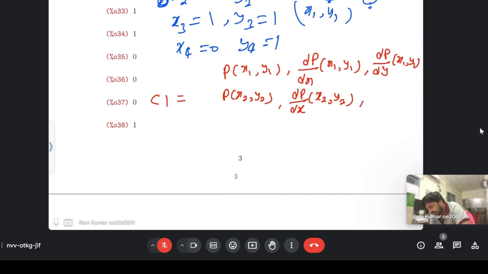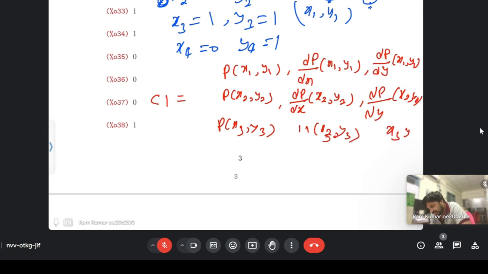Similarly for dp by dy at x2 y2, then P at x3 y3, similarly for x3 y3, then P at x4 y4, similarly for this fourth node.